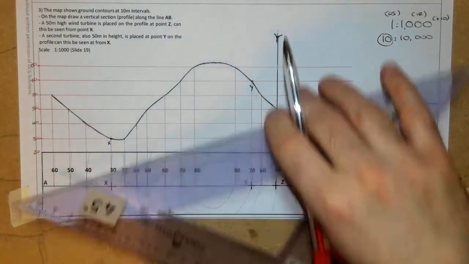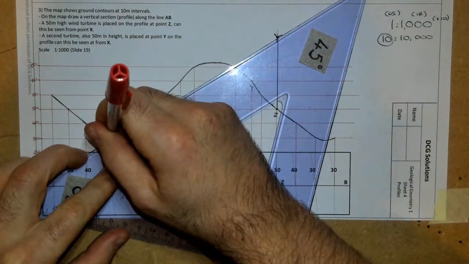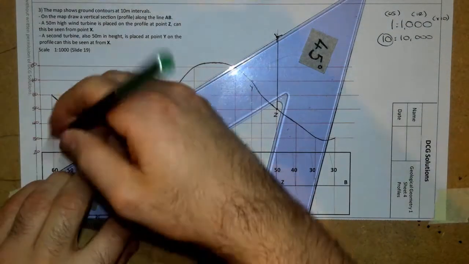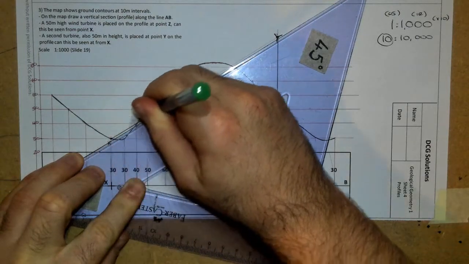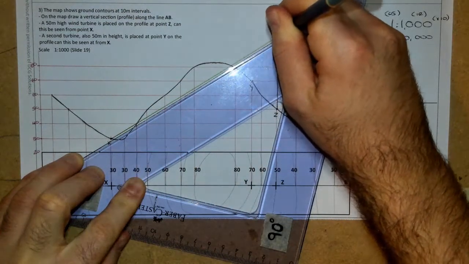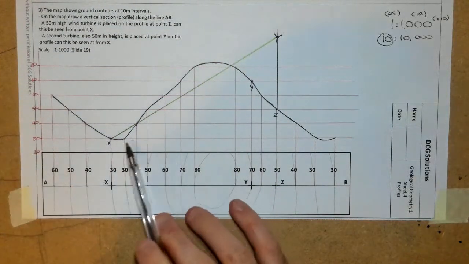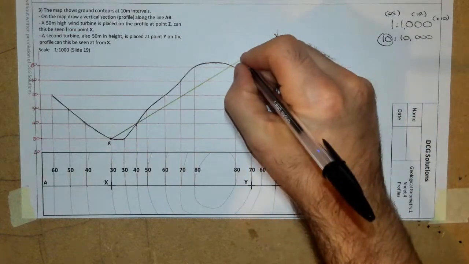So going to the top of it, which will be right here at the 50 meter height, if I was to put in my line of sight there, and once again I'll use a green. Can this be seen from X? We can see obviously it's going through the mountain, so clearly it cannot be seen. So what I'm going to write on that is no.